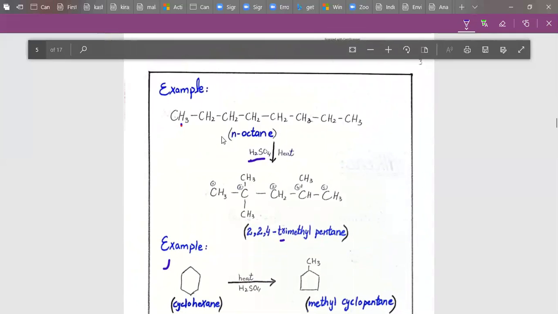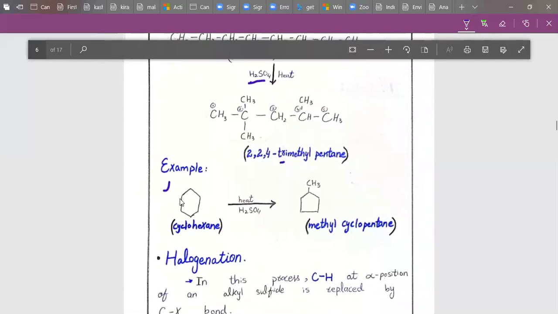This one is octane, and when octane undergoes a reaction in the presence of an acidic catalyst, then it produces 2,2,4 trimethyl pentane. So in this way, we can convert a straight chain compound into a branched chain.